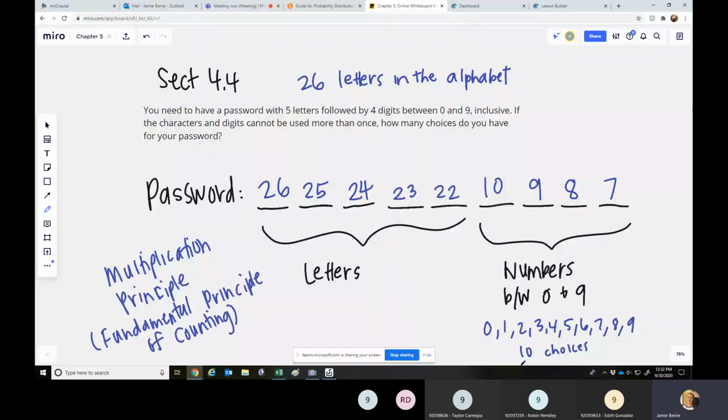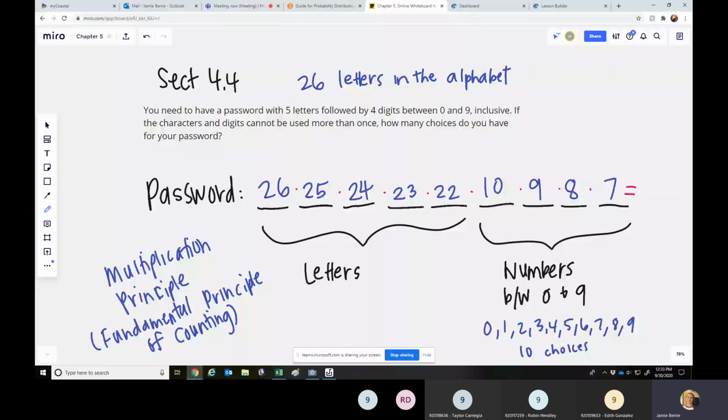This principle tells us that if we are counting up the number of outcomes, all we have to do is list the number of possible outcomes for each individual event. Each individual event here is like a character of our password. And then we just multiply those numbers. So I'm just going to write little multiplication dots in between all of these. And now we're going to multiply them.